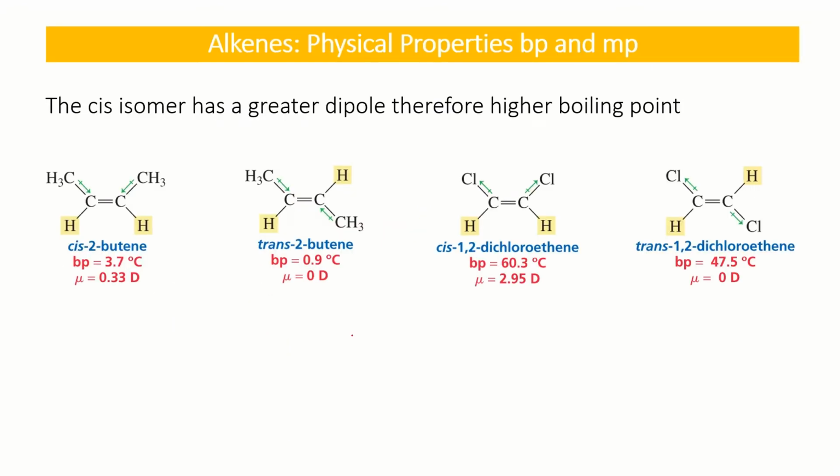Let's look at the physical properties, namely the boiling point and melting point. These are due to the dipole of the compound. Yes, you can see that in the case of the cis, the dipole moment is higher than that of the trans. The higher the dipole moment, then of course the greater the boiling point.